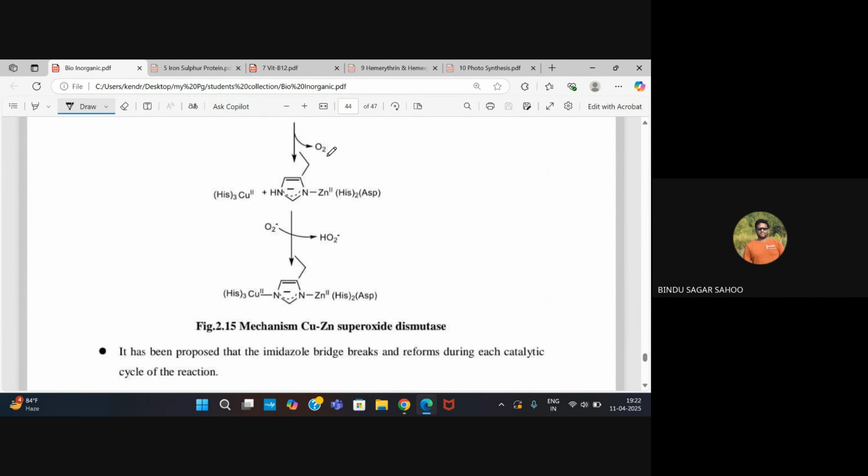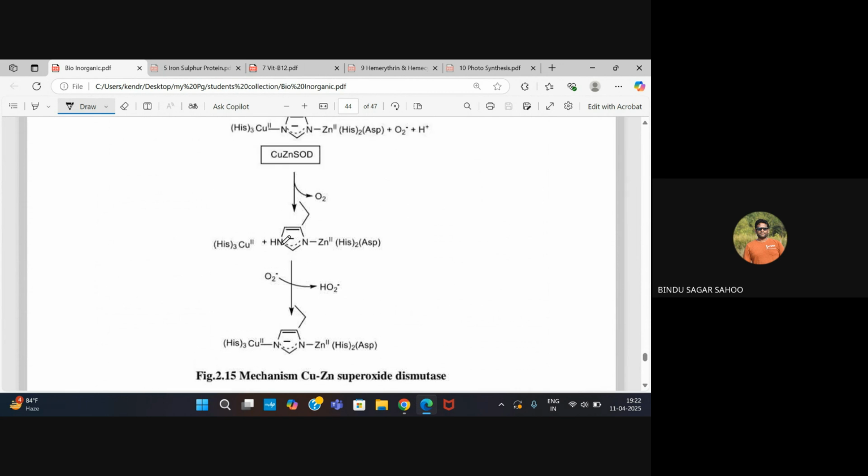The oxygen receives one electron and gets converted to O2 minus. In the next step, this O2 minus abstracts one H plus ion and gets converted to HO2 minus, and further we get this enzyme again.